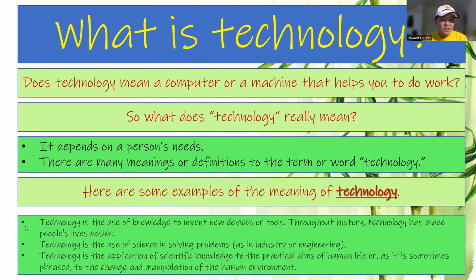The first one is technology is the use of knowledge, what you know, to invent or to make new devices or tools. Throughout history, technology has made people's lives easier. Long time ago, I did not have a car, so I used to walk.